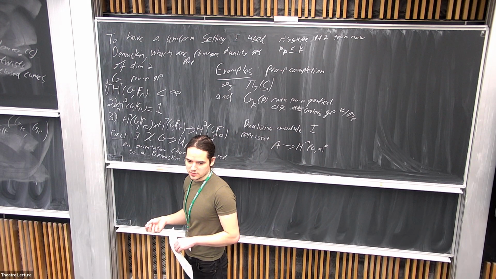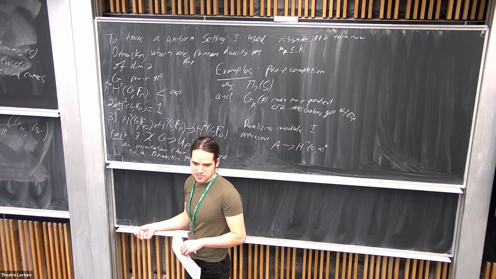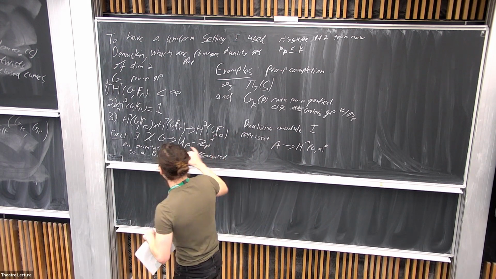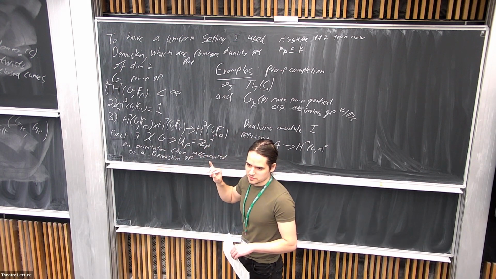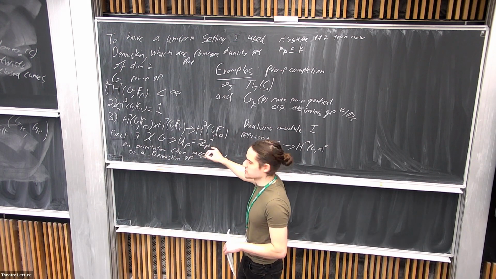G acts on it, and via the action of G on this dualizing module you get this map, because the automorphisms of this dualizing module are exactly Z_p star.